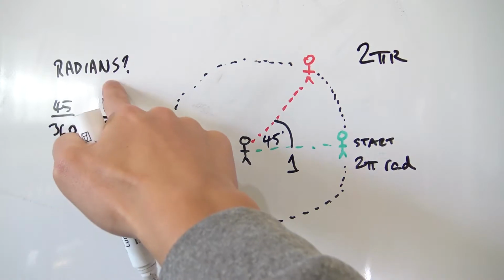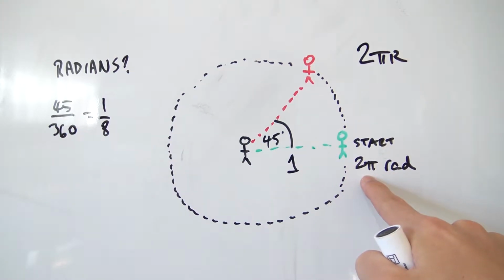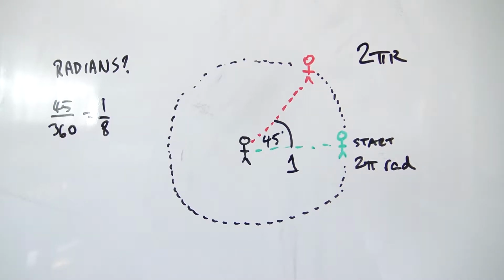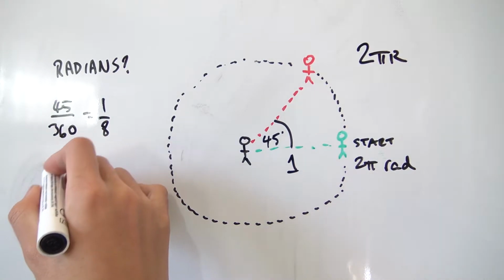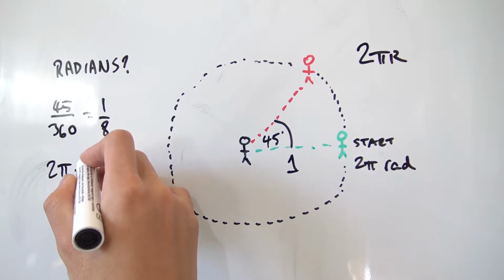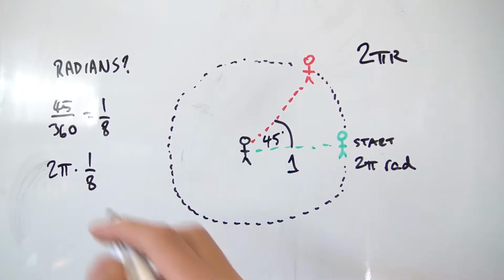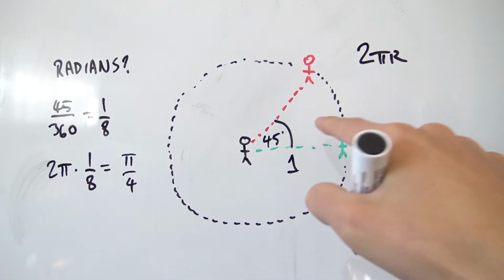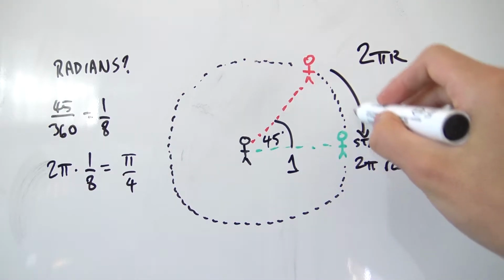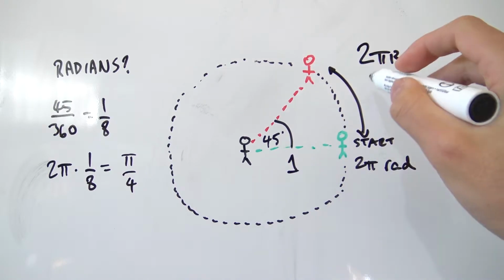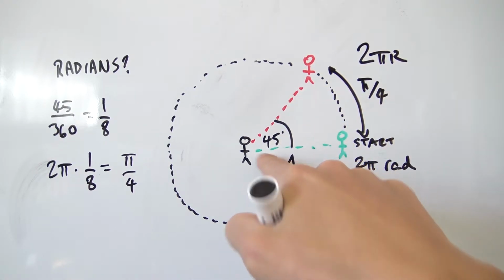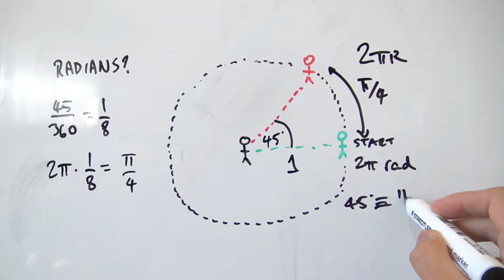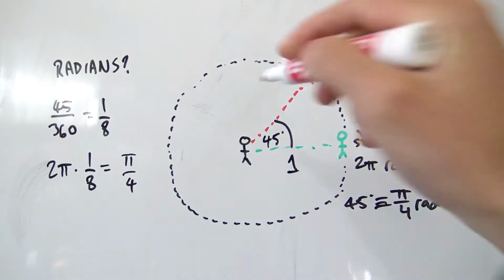So in radians, instead of walking 2 pi radians to get all the way around, he only needs to walk 1/8 that distance. If we take our full revolution and multiply it by 1/8, we get pi over 4. And pi over 4 is exactly the distance this person had to travel to make that angle. So 45 degrees is the equivalent of pi over 4 radians.